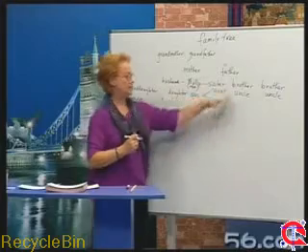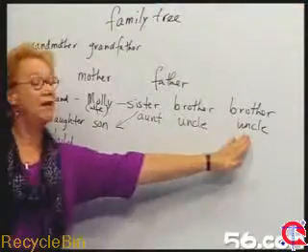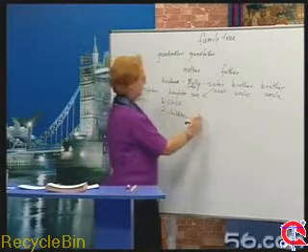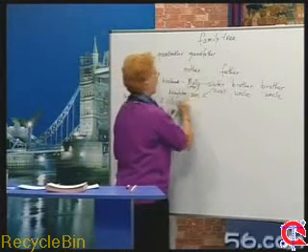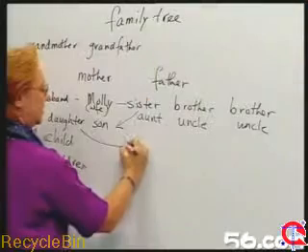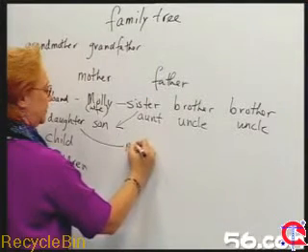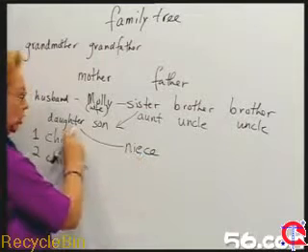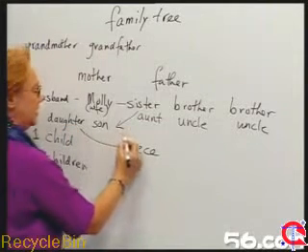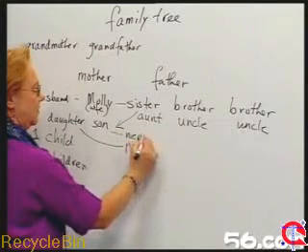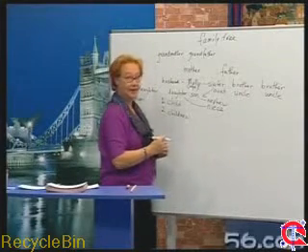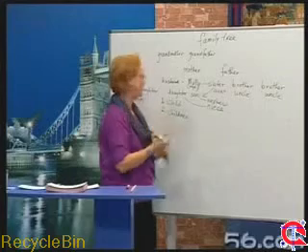Aunt, uncle, uncle. Now, going this way, daughter is the niece. Niece, the girl. The son is nephew. Nephew. All right? It's very complicated, but we've got it.